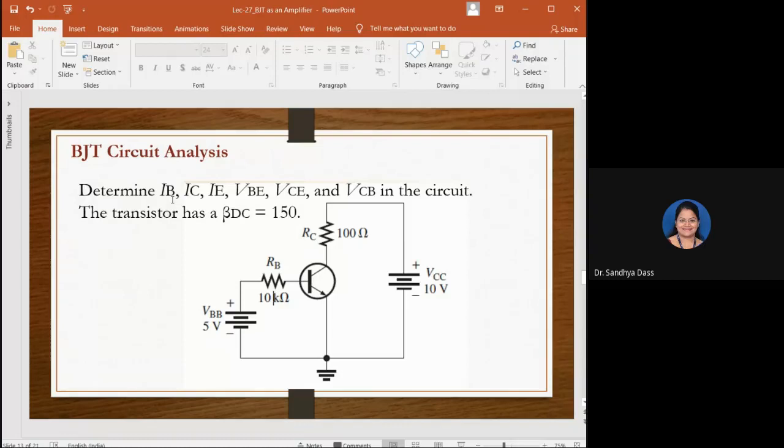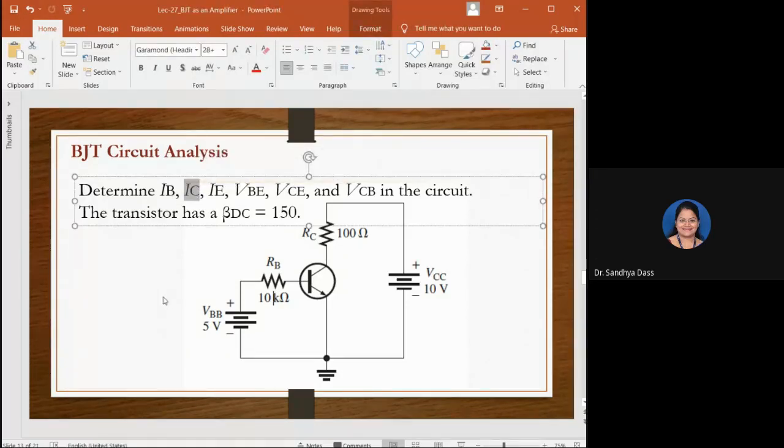So when you get IB, you have beta, so that will be easy to calculate IC. When you know IB and IC, we know the typical expression for emitter current. We saw emitter current is equal to IC plus IB, right? So substitute there and you will get IE.